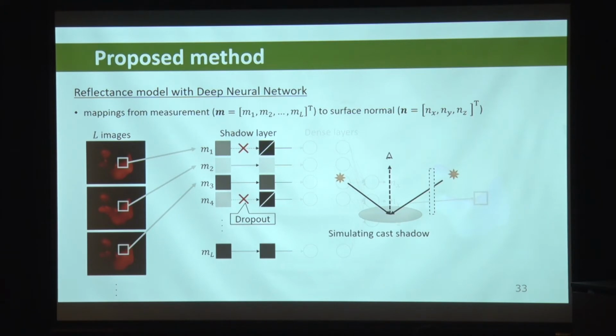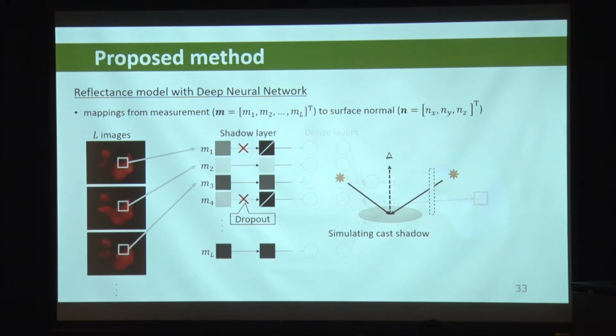But there is something interesting about the dropout property. At that time, we found that, of course, it is useful if you want your network training to converge in a more efficient way. But we also found that by randomly discarding some of the images, or for one patch, discarding some of the patches under some specific lighting conditions, we actually approximately simulate cast shadows, because if the light gets occluded, you will observe dark pixels there.